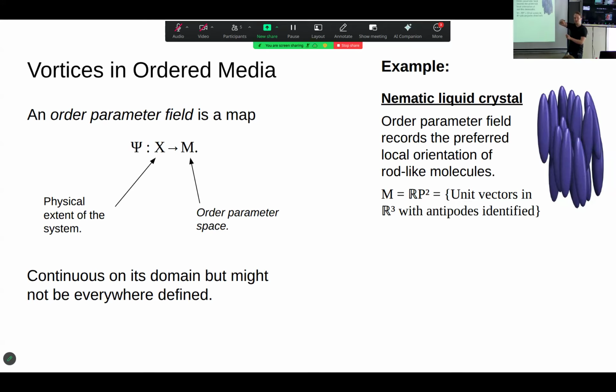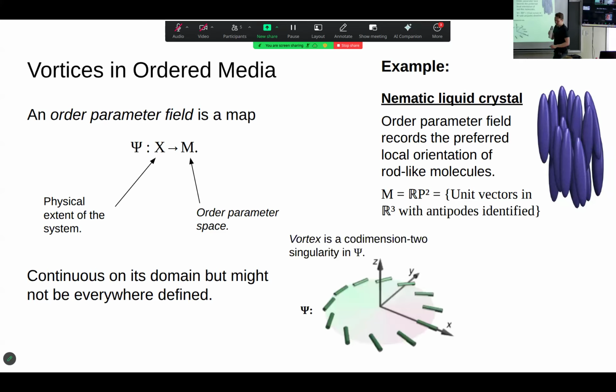So if you flip them 180 degrees, it's still the same shape, which means that we have to identify antipodes. So you take the two-dimensional sphere and you identify all the vectors on opposite sides. It's a little bit hard to imagine. You cannot embed this shape into three dimensions anymore. But it's something that we mathematicians know a lot about. It's the real projective plane.